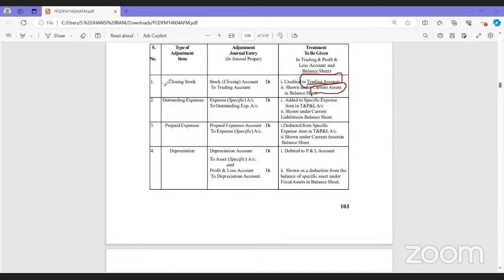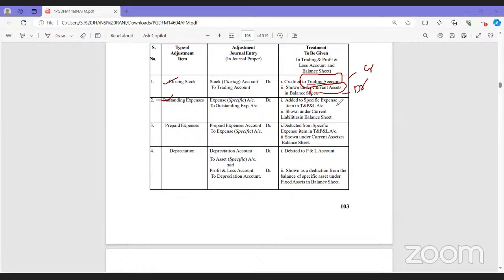Here, for closing stock, one effect, the credit effect, we write in the trading account, and the debit effect we write in the balance sheet asset side. Next, outstanding expenses, expenses which are not yet paid. The first effect we write in the trading account if the expenditure is related to the trading account.